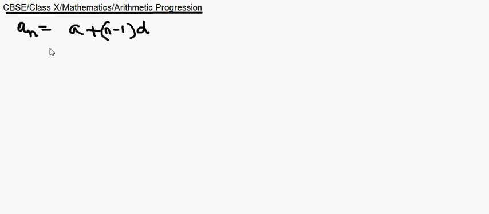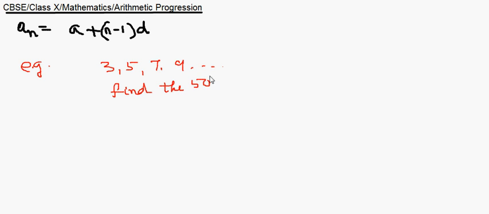First, suppose there is a series which says 3, 5, 7, 9, and so on. It says find the 50th term of this AP. How do we find it? We have learned the formula.